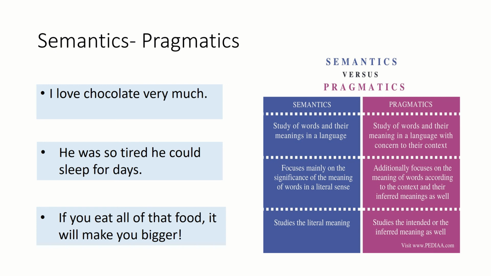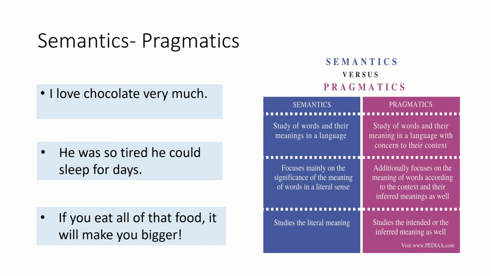So, semantics is concerned with the correct definition of a word or text. It's the definition that can be found in the dictionary, but on the other hand, pragmatics makes sense in its own context. It is related to what was really meant to be said and what it means in that context.